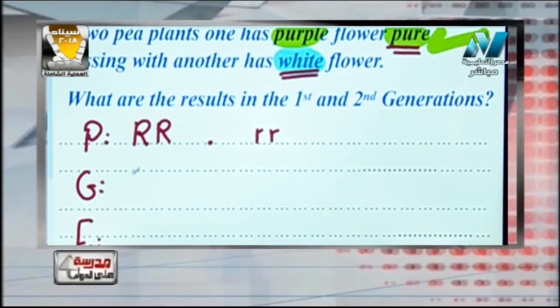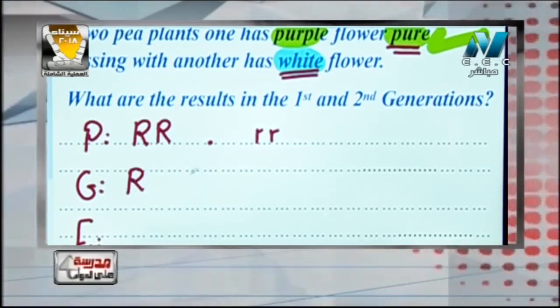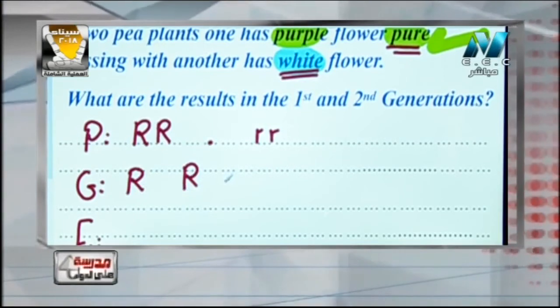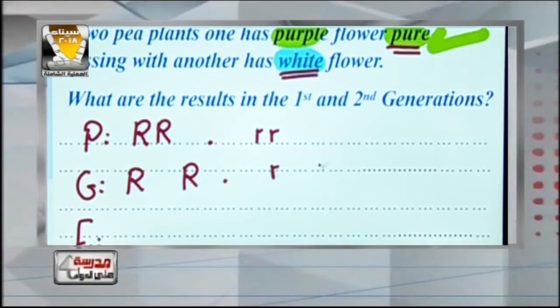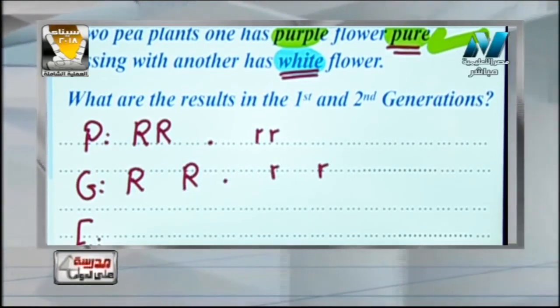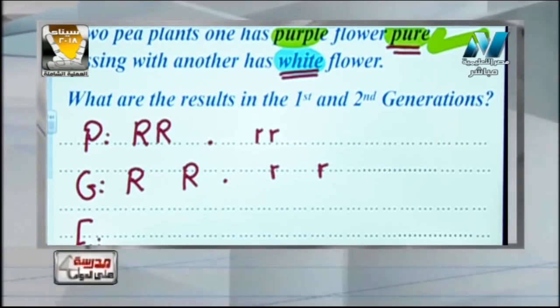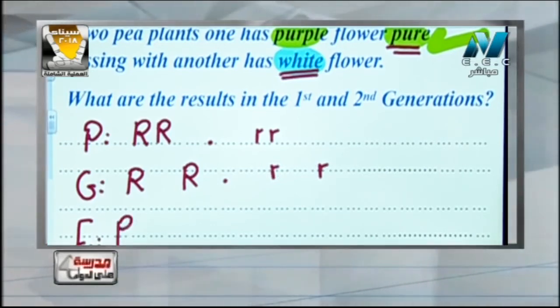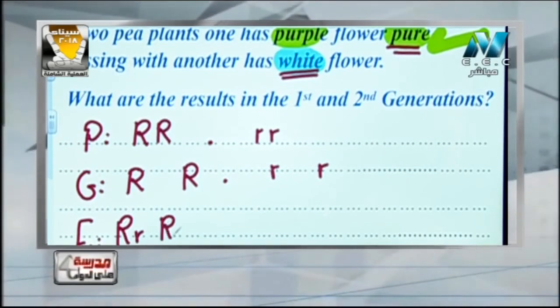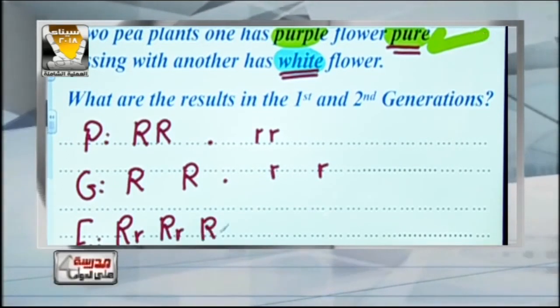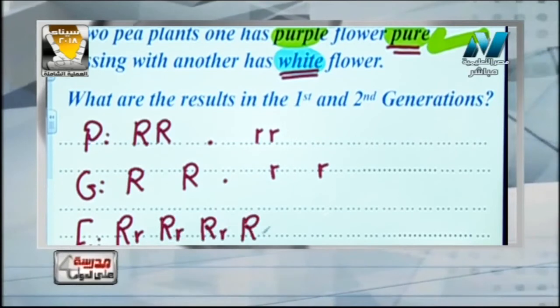In gametes we segregate, as half the number of chromosomes: r small and r small. First with the first one, we have R capital r small, R capital r small, R capital r small, and R capital r small.